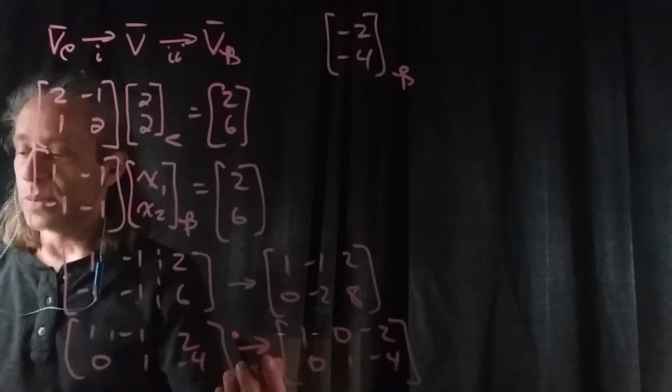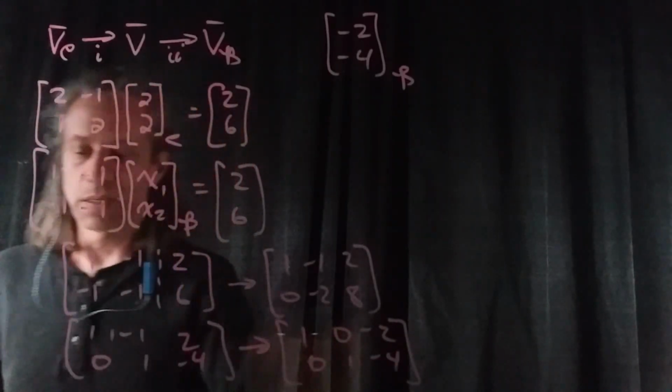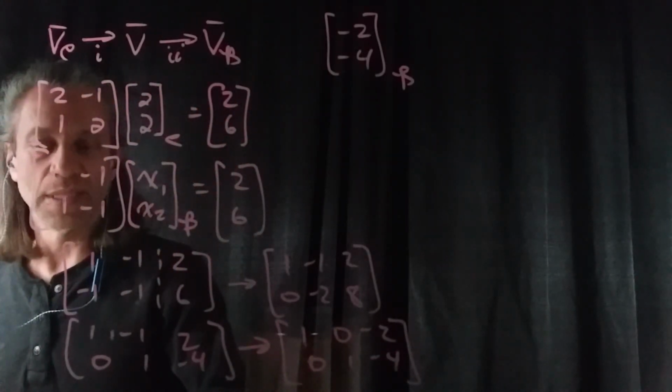Okay, exercise 2 is asking us to find a change of coordinates matrix. So this is going to require a little bit of analysis of what we just did here.